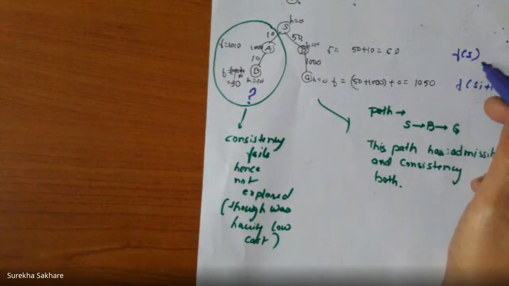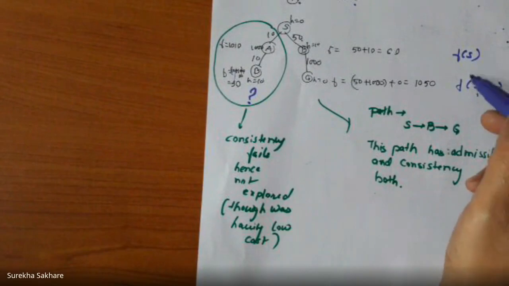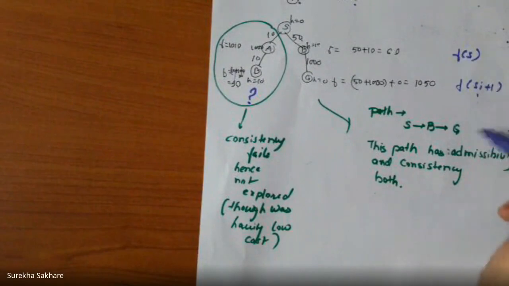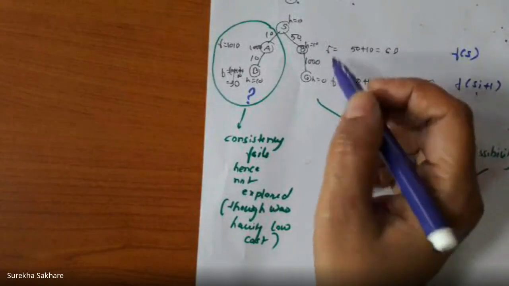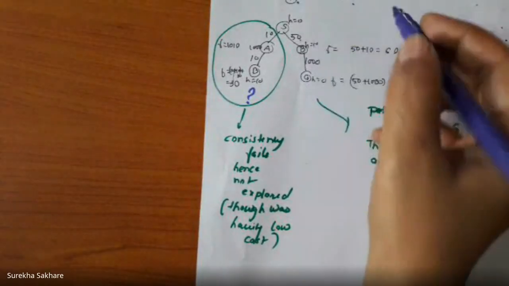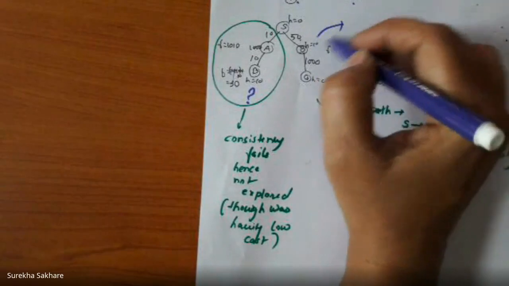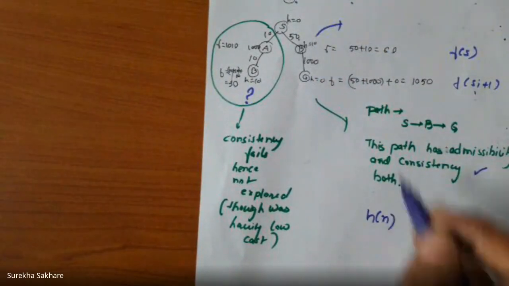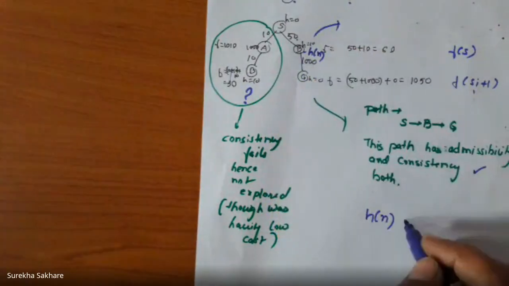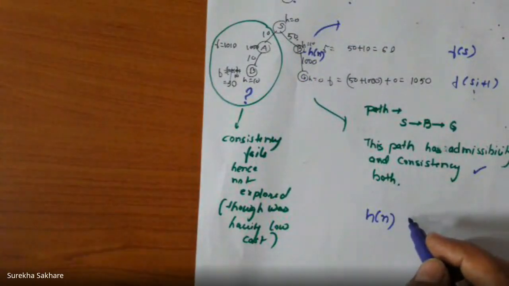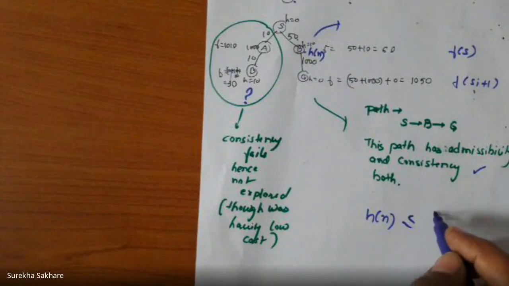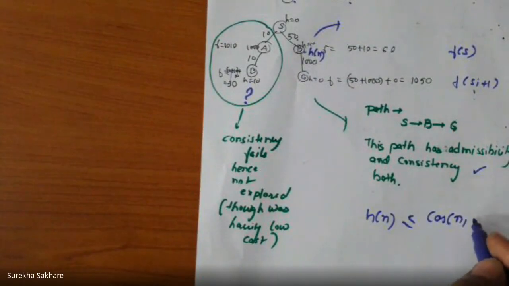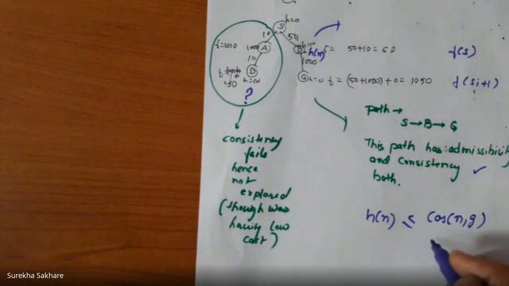If I take this intermediate node, I'll call it h of n. It has a heuristic value which is less than or equal to the actual cost between n and the goal g. So h of n is how much here? 10. Is it less than or equal to 1000? Yes, it is less. So this has the admissible and consistent property.